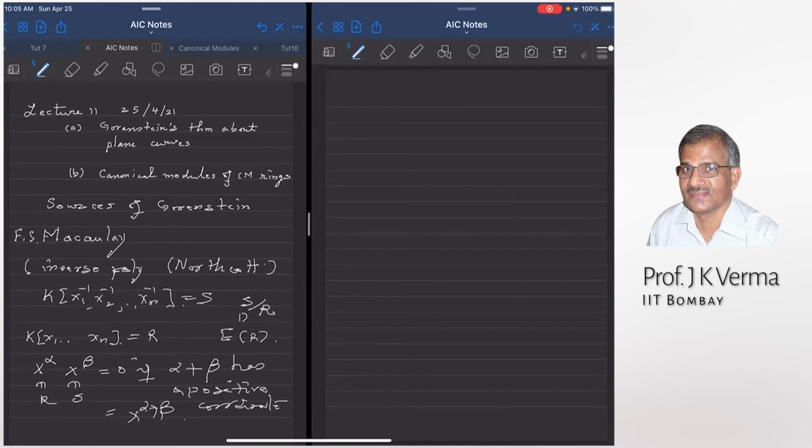The other source of Gorenstein rings came from Northcott and Rees themselves, and this I discussed in the first lecture.